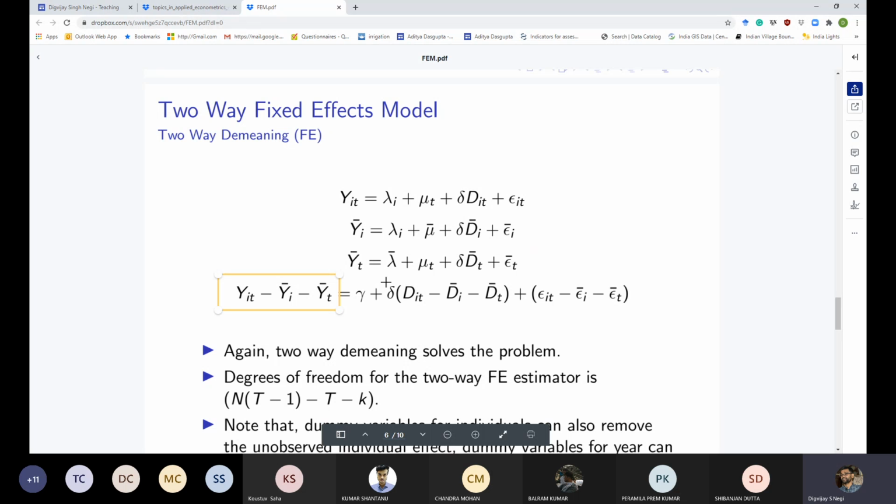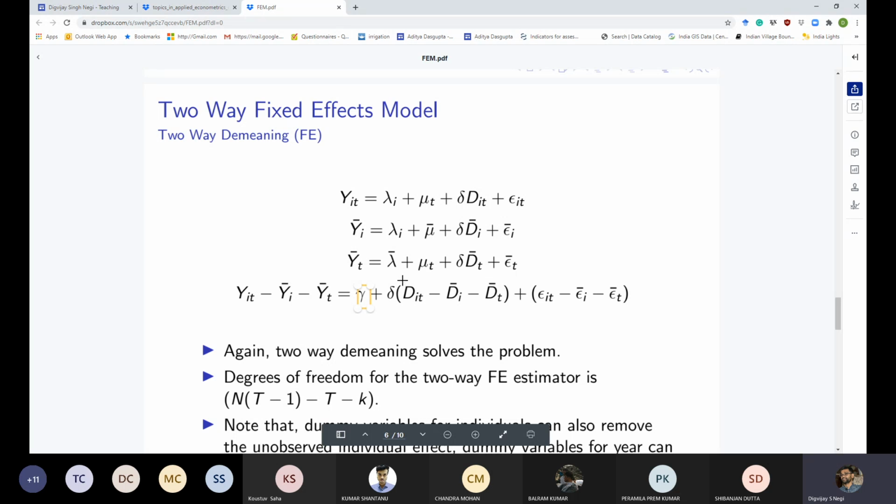So lambda i gets cancelled from here, and mu t gets cancelled from here, these two mu t, right? And what you are left with are these mu bar and lambda bar, which go into the gamma term. These averages are just constants, intercept terms.